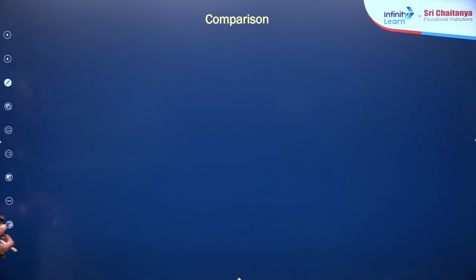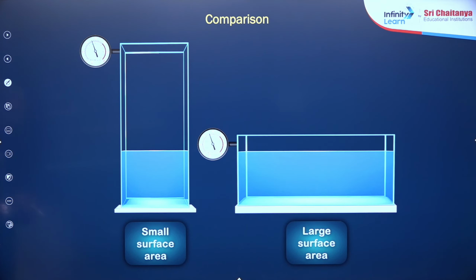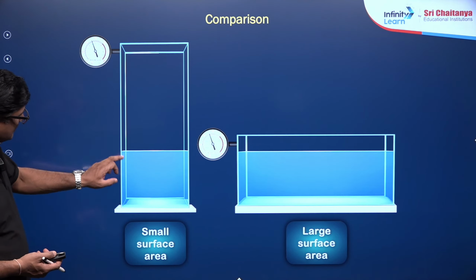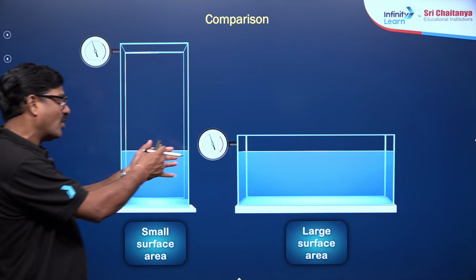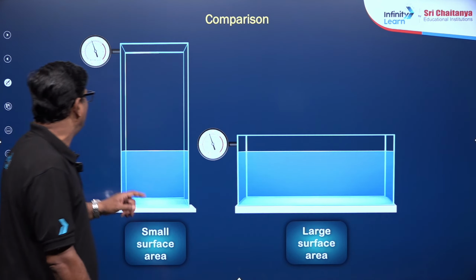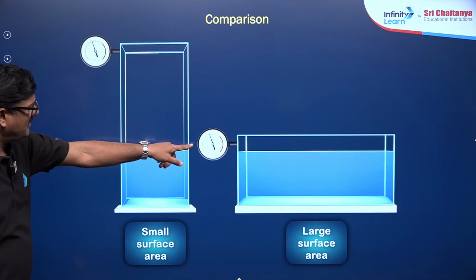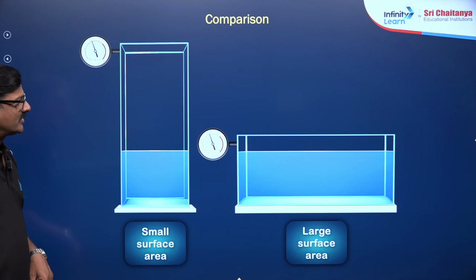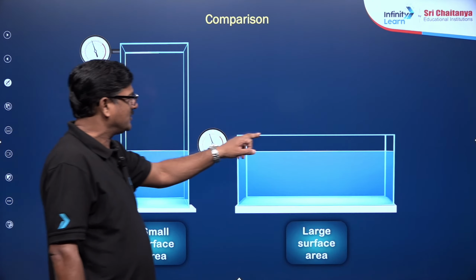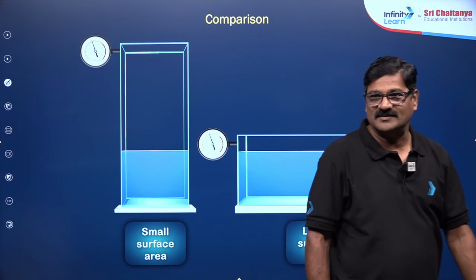In comparison, you can see a small surface area, a narrow container, and a broad container. You can see the vapor pressure is exactly the same in these two cases. This is a closed container, children. You understand?